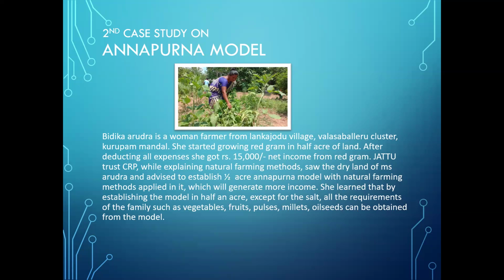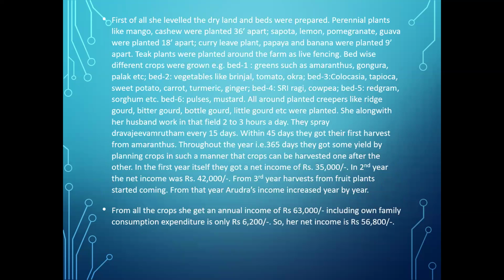She learned that by establishing the model in half an acre, except for salt, all the requirements of the family, such as vegetables, fruits, pulses, millets, and oil seeds, can be obtained from the model. First of all, she leveled the dry land and the land was prepared.